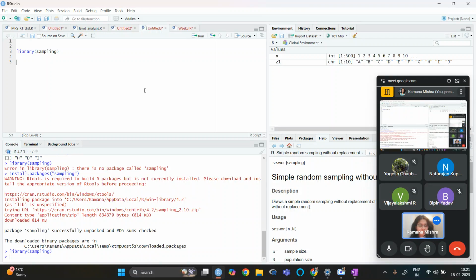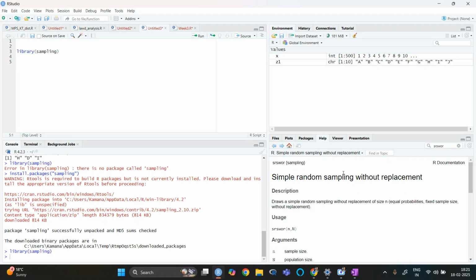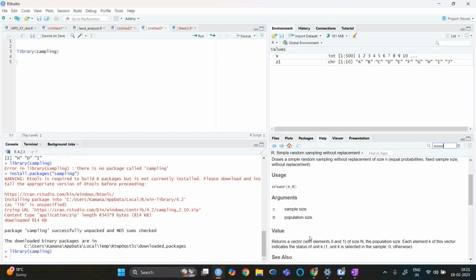Okay, so we will start. Whatever we are doing is SRSWOR. In sampling, we choose some sample, and from that sample we choose some values, randomly, with and without replacement.